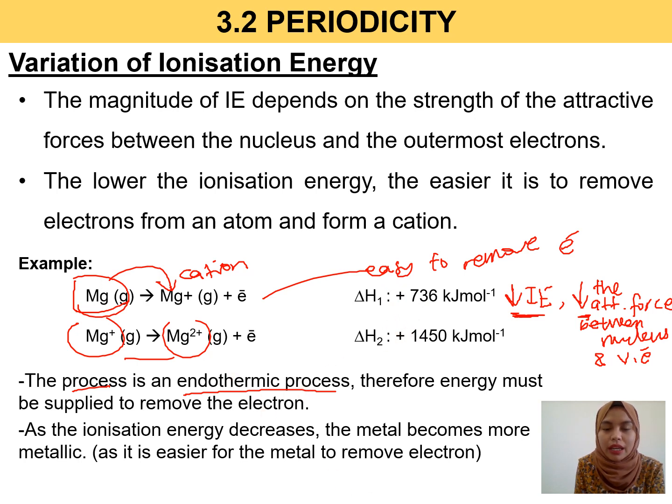Endothermic means it absorbs energy. When it absorbs energy, it gets a positive symbol for their enthalpy. And then as the ionization energy decreases, the metal becomes more metallic, as it is easier for the metal to remove electron.